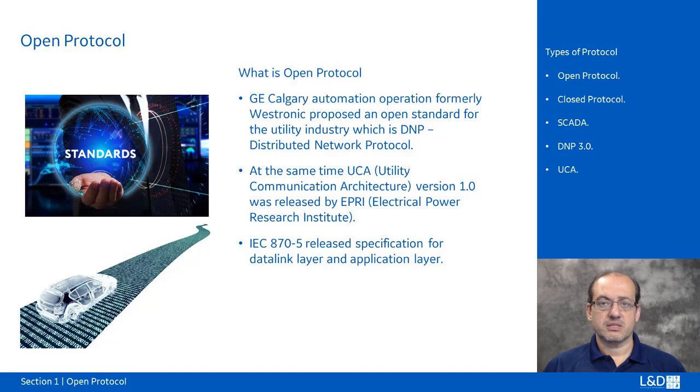For example, the IEEE UCA protocol, or Utility Communication Architecture, which was led by EPRI, the Electric Power Research Institute, was in development. And the IEC 60870-5, earlier known as 870-5, was also in development.